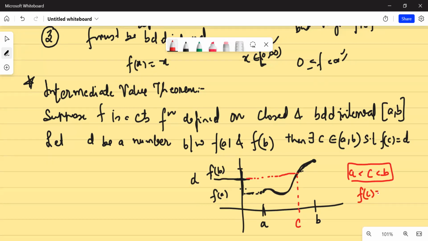So you will always find some value c between a and b such that f of c is equal to d, where d is some intermediate value between fa and fb. So for an intermediate value between fa and fb, you will always find a corresponding intermediate point between a and b whose image is that intermediate value, that is d. Is that clear or not clear? Should I repeat it all over again?